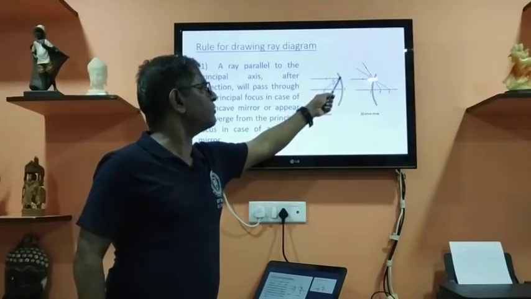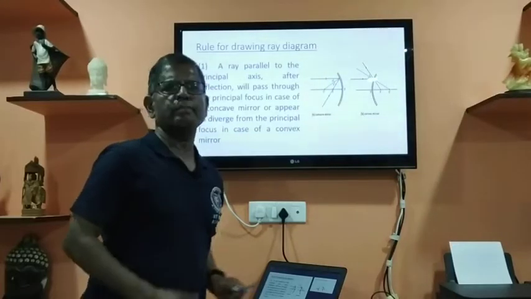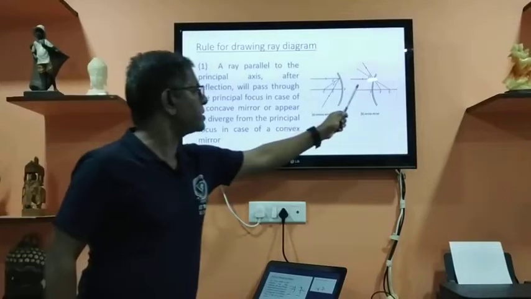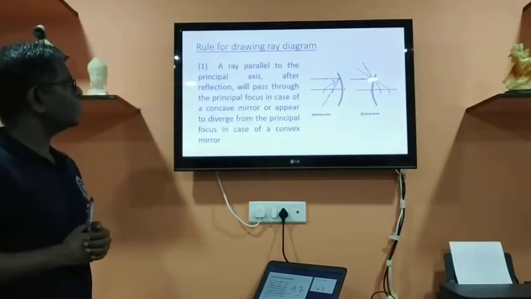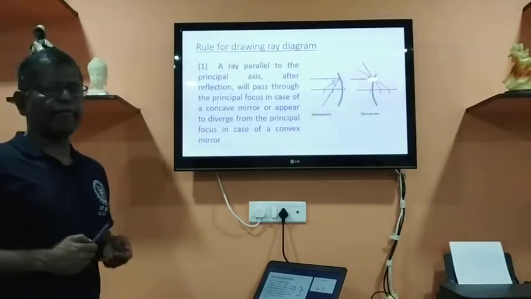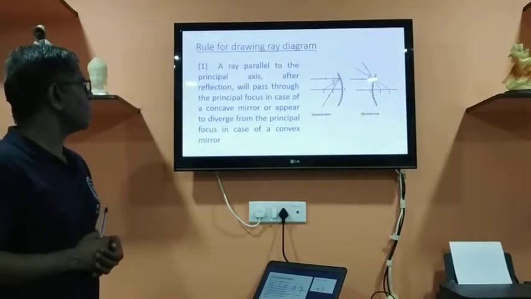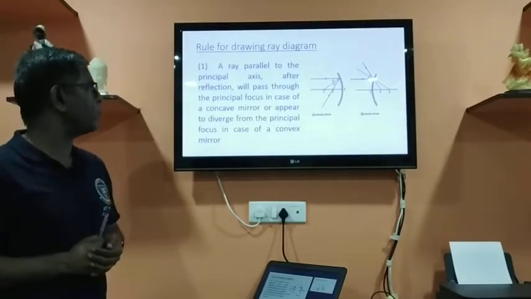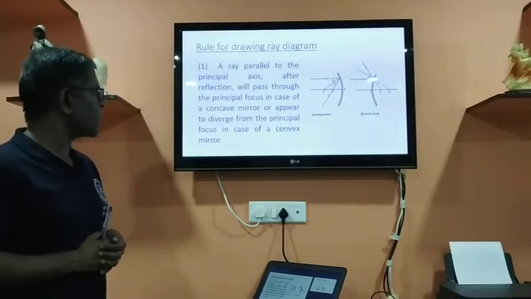After the reflection from the mirror, this line is passing through the focal point. The same is the case with a convex mirror. So this is rule number 1, which says a ray parallel to the principal axis after reflection will pass through the principal focus in case of a concave mirror, or appear to diverge from the principal focus in case of a convex mirror.